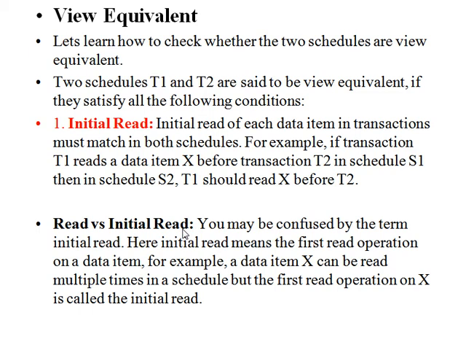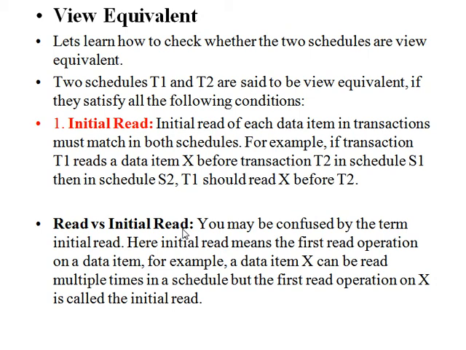So what are those three conditions? See the first one, initial read. Initial read means the first read operation on a data item. The initial read of each data item in transactions must match in both schedules.